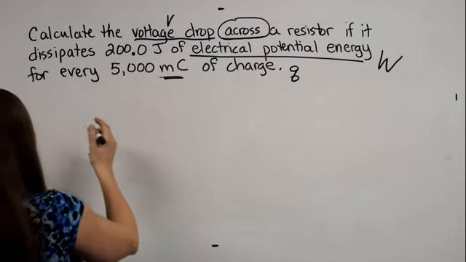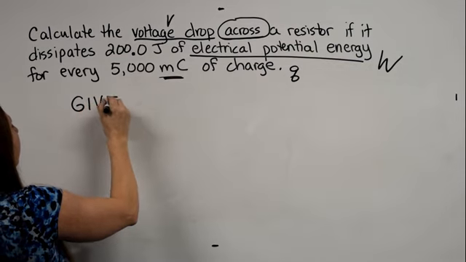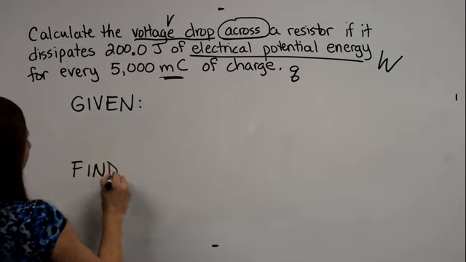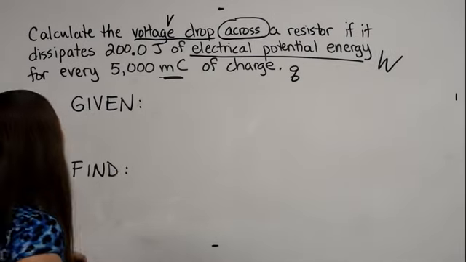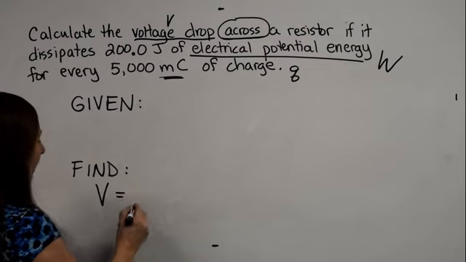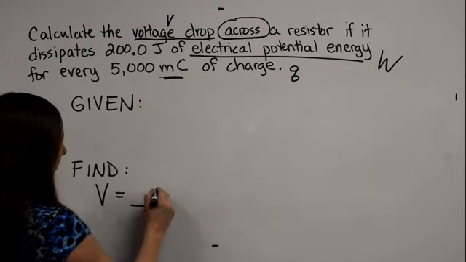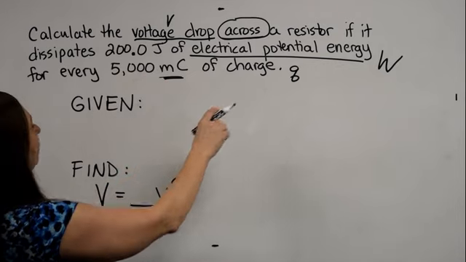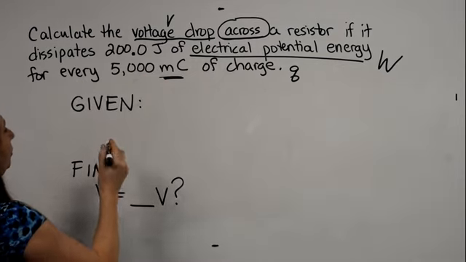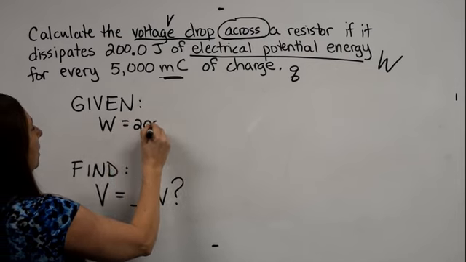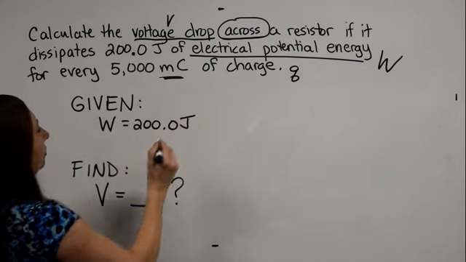So let's see what we've been given and what we are trying to find, and then we will select the correct formula. Calculate the voltage drop. We're being asked to find the voltage. That's in volts, and that's the question mark. Across a resistor, if it dissipates 200 joules of electrical potential energy, so W is 200 joules.